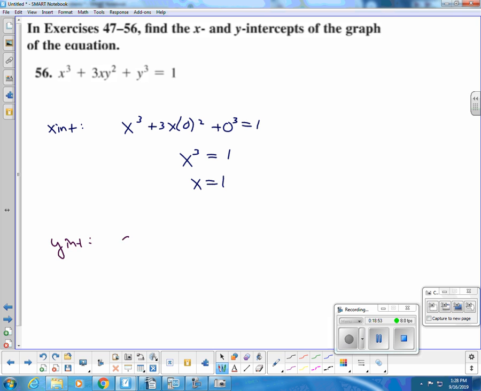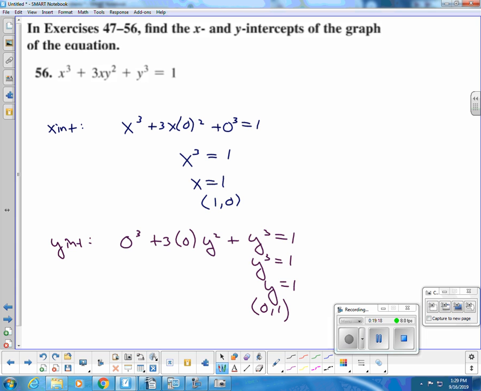We're going to plug anything with an x, make it a 0. So again, all these x things are going to cancel, and you're left with y cubed equals 1. So y equals 1. Okay, and if you want to write those as points, plug in 0 for the other guy's variable.